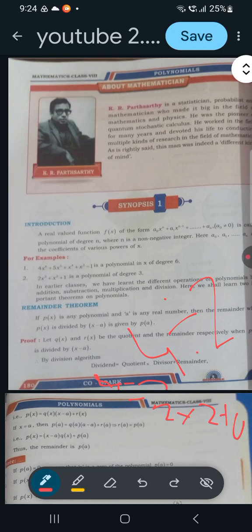So the remainder is 0. You could see how it works.